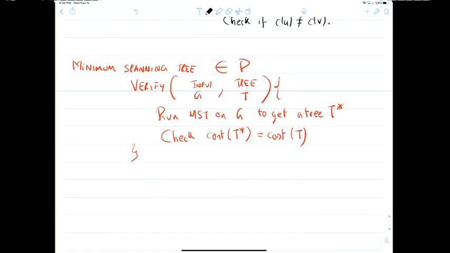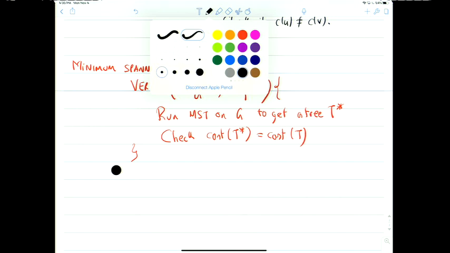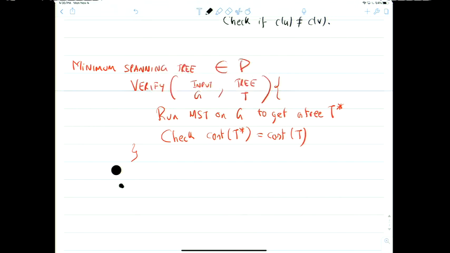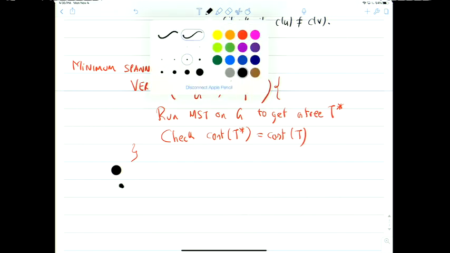Look at the following heuristic argument, if you can. Oops, what was that? Sorry.